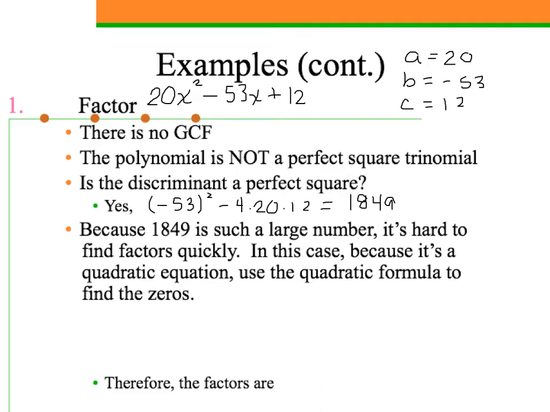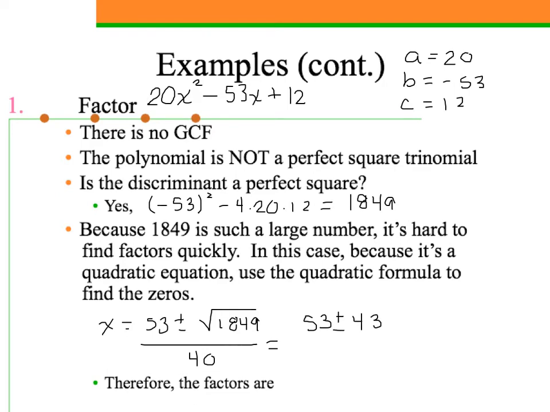So I'll go ahead and factor it using the quadratic formula. x equals negative b plus or minus the square root of b squared minus 4ac all over 2a. That simplifies to 53 plus or minus 43 all over 40. 53 plus 43 is 96, and 96 divided by 40 is 12/5.